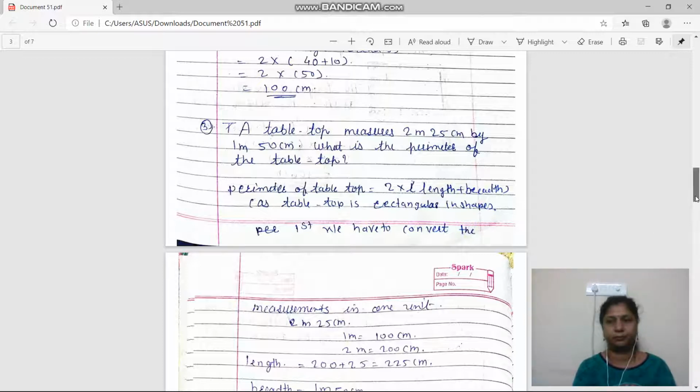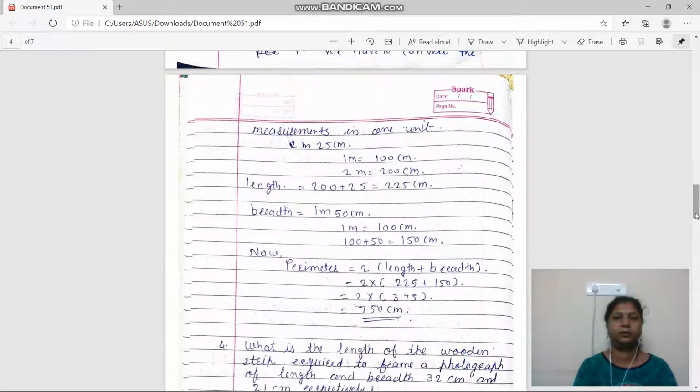Next, breadth. Breadth is equal to 1 meter 50 centimeter. So 1 meter is equal to how many centimeter? 100 centimeter. So breadth is equal to 100 plus 50, that means 150 centimeter. Get it? Now both units are in centimeter, right?